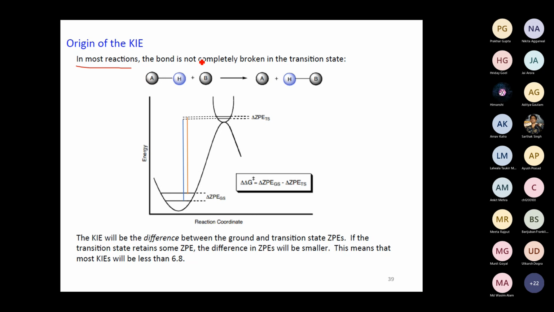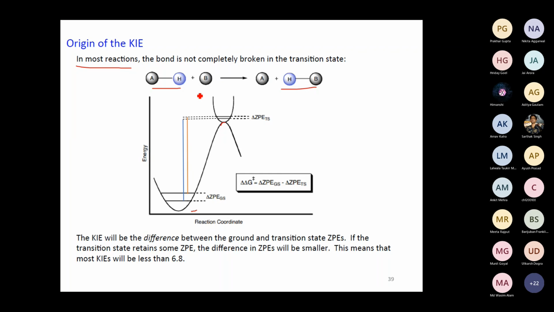So in those cases there will be a transition state, and that is also a molecule, right? So the transition state also has vibrational levels. It's not completely cleaved, so the transition state structure will be different compared to the ground state structure of the substrate or starting material. Suppose the AH bond is being cleaved and the BH bond is formed.